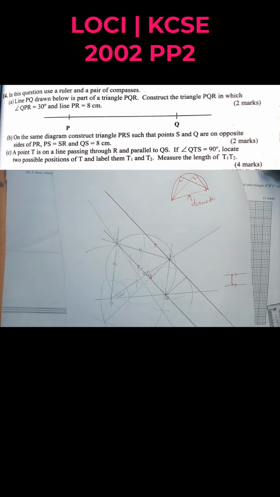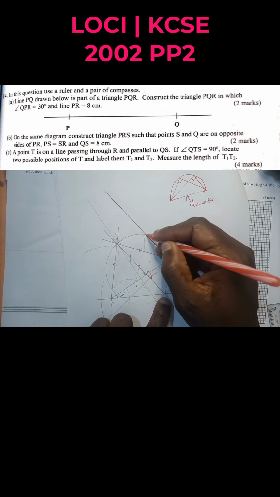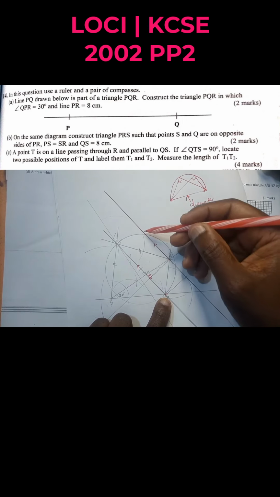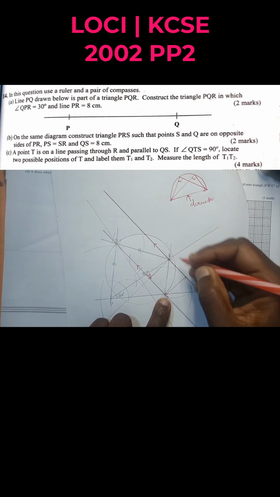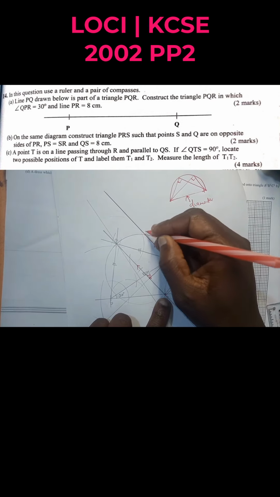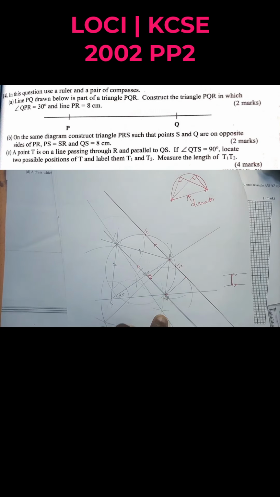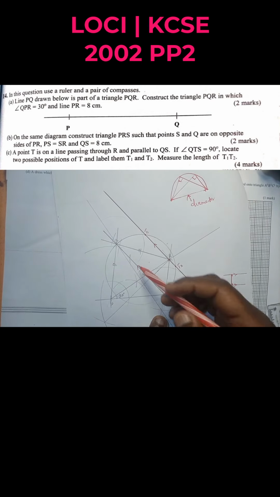If you construct that circle, you can see the circle is cutting this line where T lies. T lies anywhere along this line here. So this point will be T1, and then this point will be T2. This is T2, this one is T1, then this is the diameter.